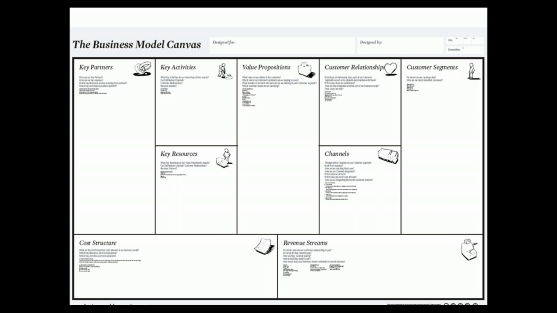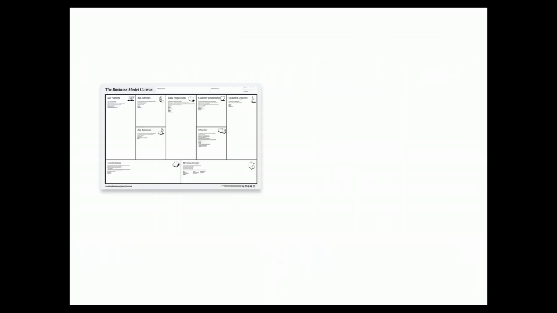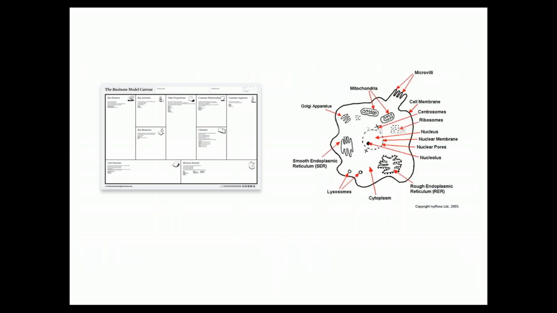And before I go into some details, I want to say that the business model canvas is to business sort of the same way that a cell diagram is to life. Because a cell diagram shows you some of the key features and devices and functions that exist in every cell in order for a cell to work.